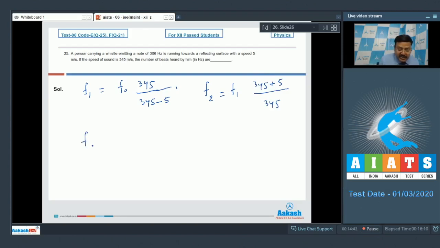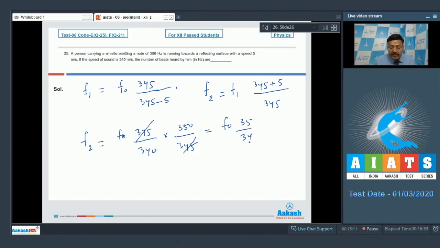So the other frequency, the frequency from the wall that he is getting, is F2, equal to F0 times 345 by 340, multiplied by 350 divided by 345. Now we can see that this is F0 times 35 by 34.